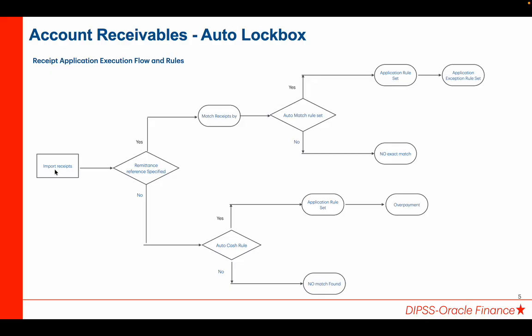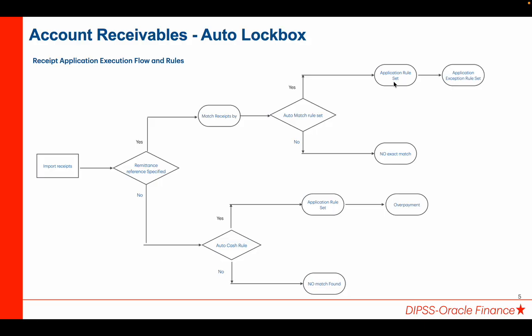Once you import the receipts, the remittance reference specified is nothing but the transaction reference which we have provided in the Lockbox file. If it is provided, then it will check match receipts by, is it a transaction number or not. Then it will check the auto match rule set. Based on this rule set, if it is able to identify, then the application rule set will trigger.